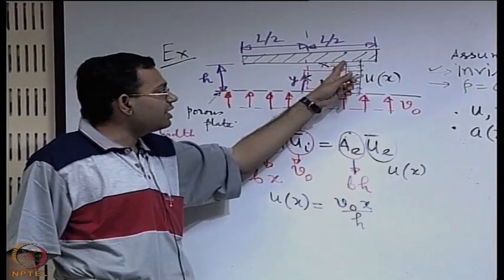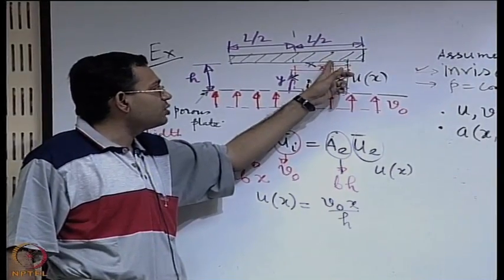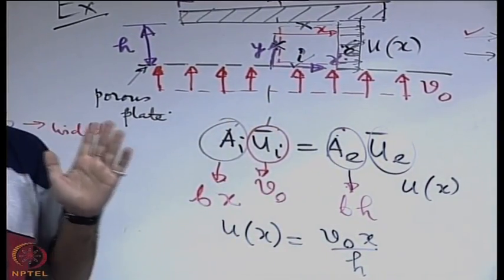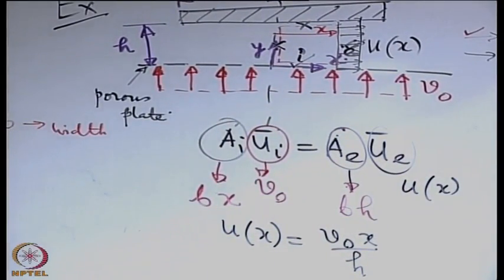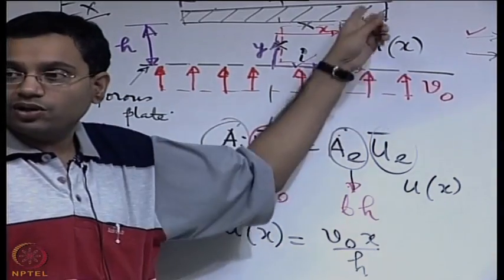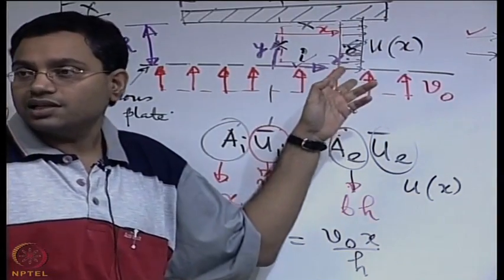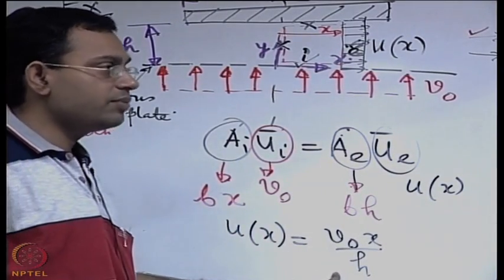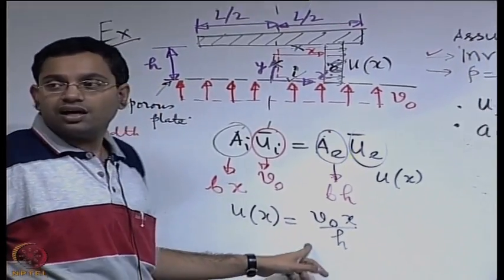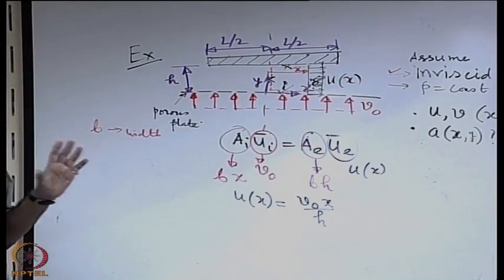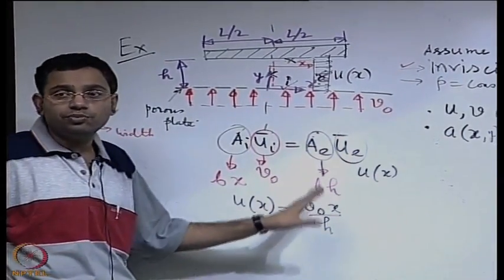So the velocity profile will have a 0 value at the wall and then increase away from the wall. But if you have no viscous effect, then the effect of the wall is not propagated in the fluid. Fluid does not know that there is a wall, and therefore it tends to maintain a uniform velocity, and that is why for an inviscid flow you have such a uniform velocity profile. So u is only a function of x but not of y, a very idealistic situation, but a simple one to begin with.